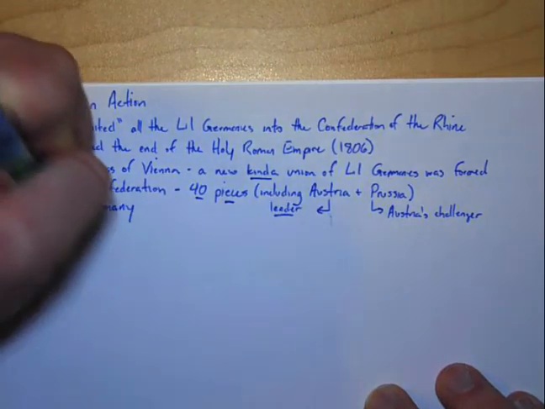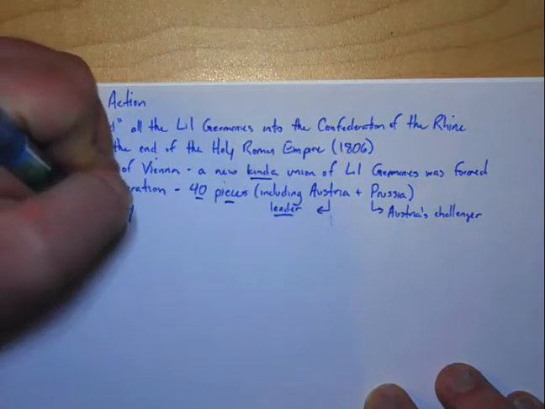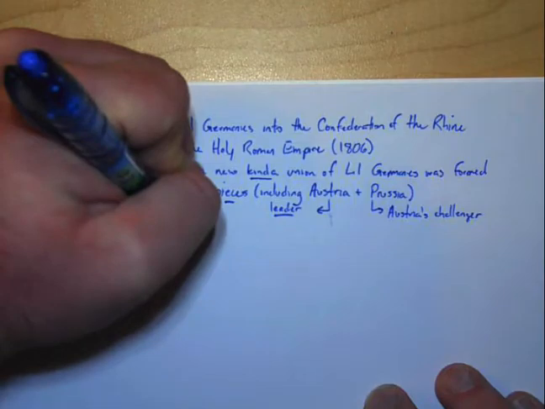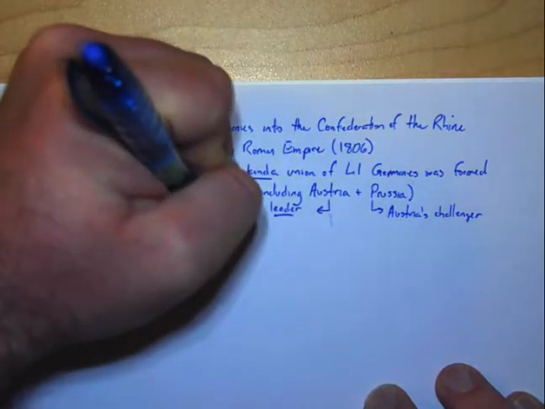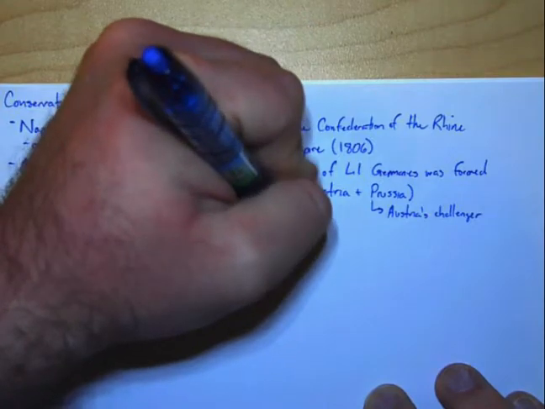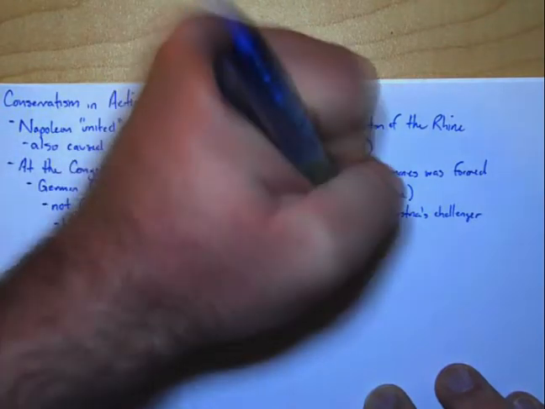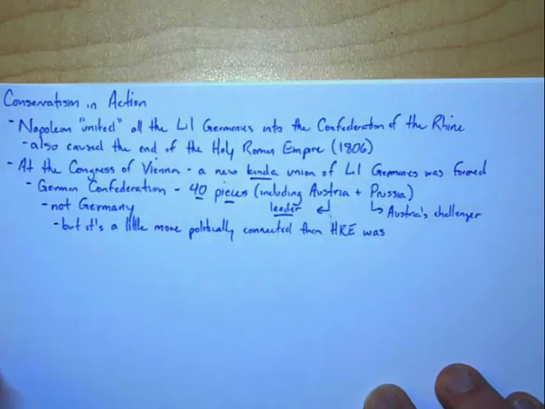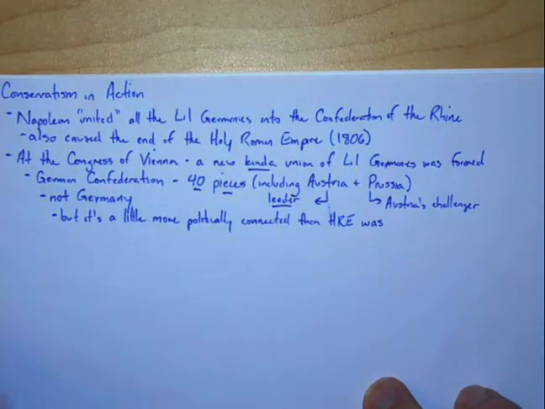but it's a little more politically connected than the Holy Roman Empire was. Because remember, after the Peace of Westphalia, the Holy Roman Empire was really just a name. It really didn't have any real power.